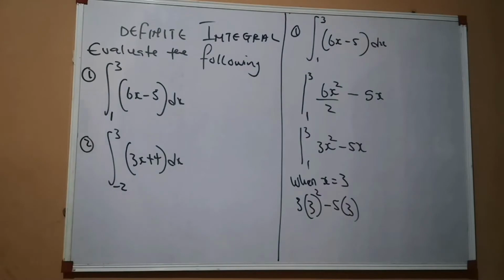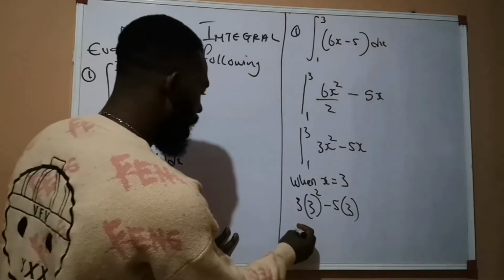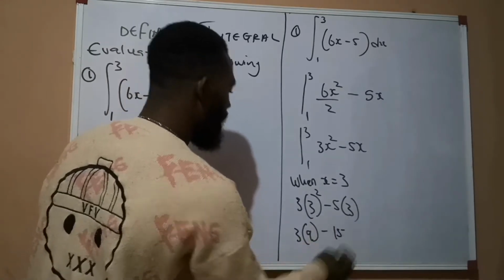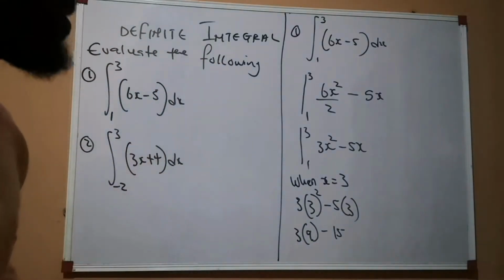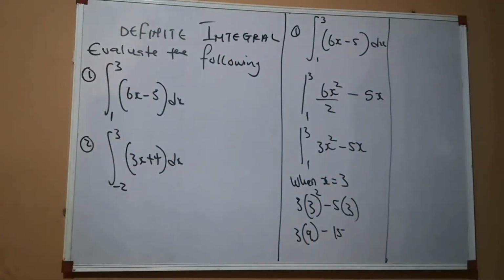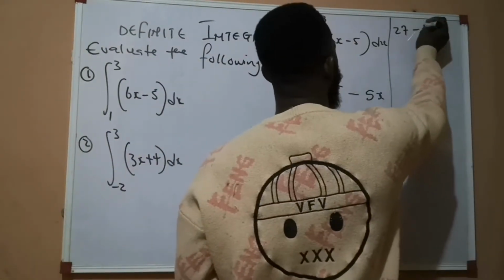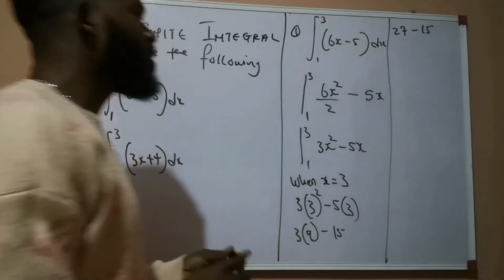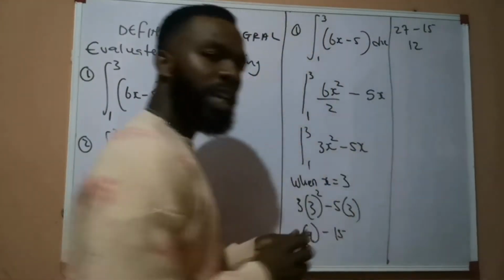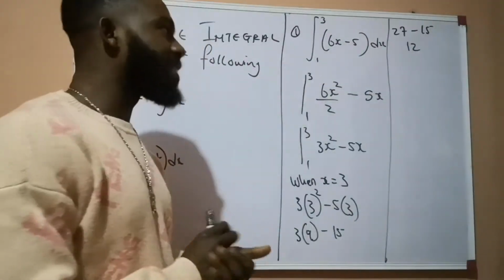Substitute 3 for x. Now, 3 raised to the power 2 is 9, so I have 3 bracket 9 minus 5 times 3 is 15. Here becomes 3 times 9 is 27 minus 15, and 27 minus 15 gives us 12. So if we use the limit of 3, the value we get is 12.